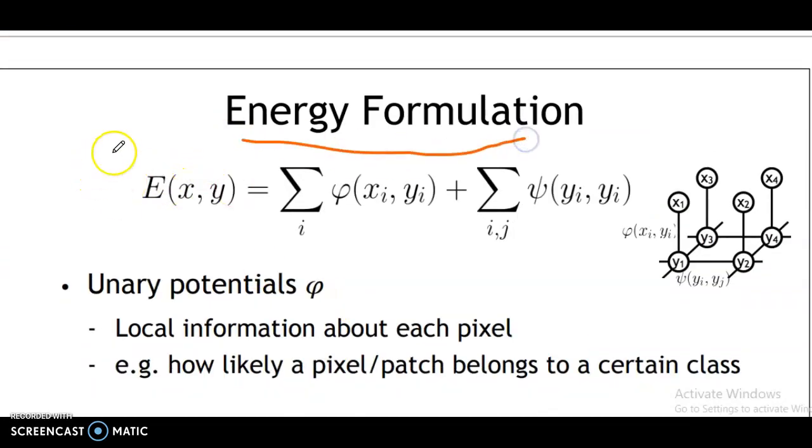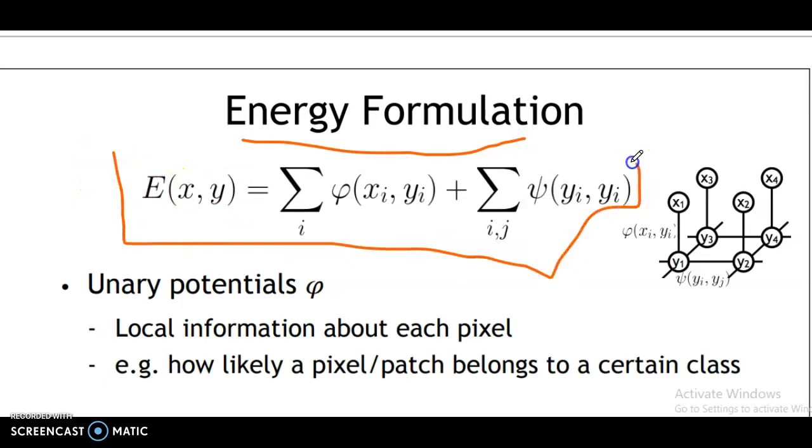Energy formulation: E of x, y equal to summation over i of pi of xi, yi, plus summation over i, j of psi of yi, yj. Here x1 y1, x2 y2 are the front, and y3 x3, y3 x4 y4 the back.